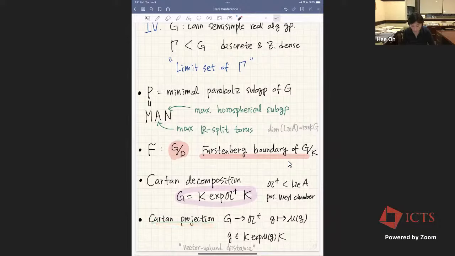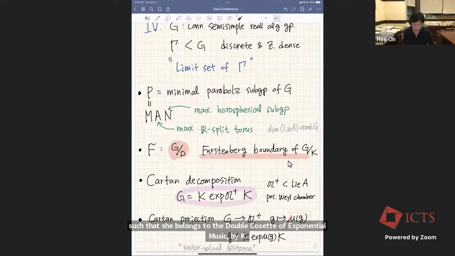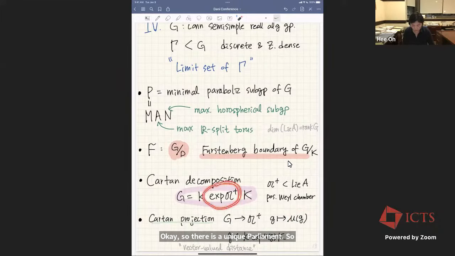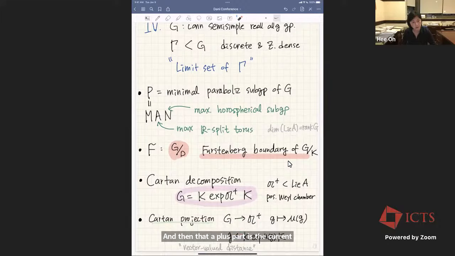The Cartan projection map is a map from G to the positive Weyl chamber A plus, such that we map g to mu of g, where mu of g is the unique element in A plus such that g belongs to the double coset of exponential mu of g by K. In this Cartan decomposition, the A plus part is always uniquely determined, and that A plus part is the Cartan projection of the element.